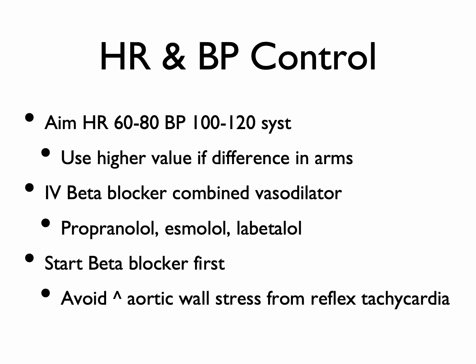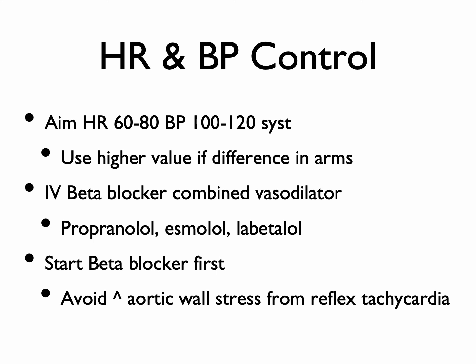The way that we control their heart rate and blood pressure is quite often an IV beta blocker combined with some form of vasodilator. For an IV beta blocker, we'll start with propranolol, esmolol, or labetalol. The most common ones at the moment are propranolol or labetalol, which we can titrate as an IV infusion.